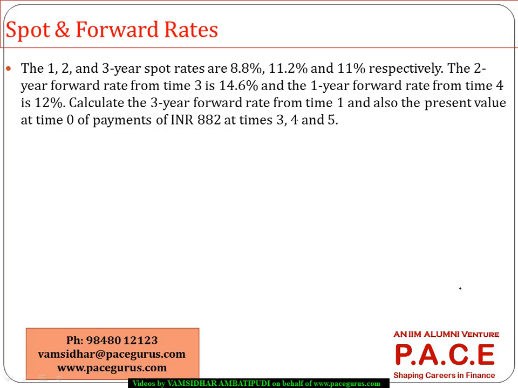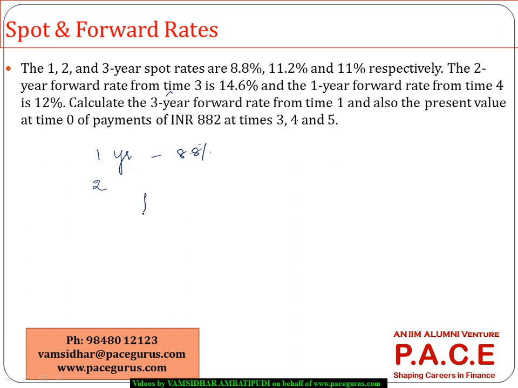This is another interesting numerical on spot and forward rates, where again, given some spot rates and some forward rates, we are trying to find out the value of some investment. So we are given the 1-year spot rate 8.8%. Then I have the 2-year spot rate and the 3-year spot rate.